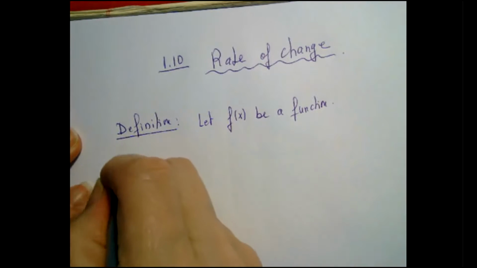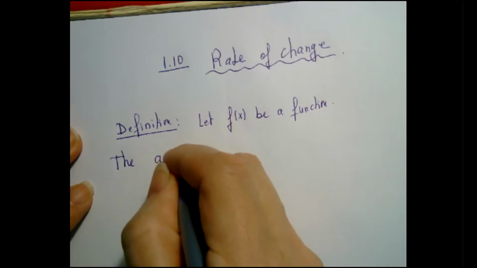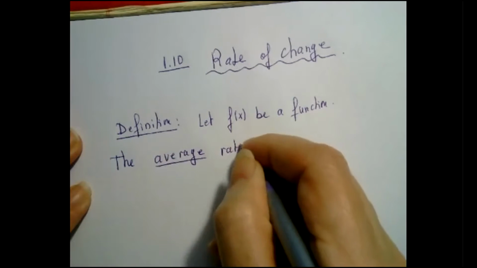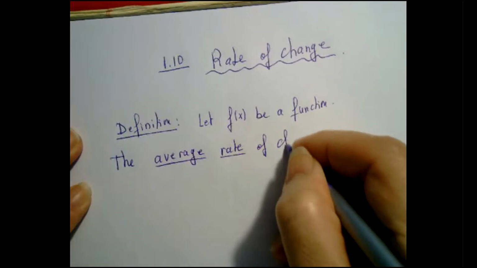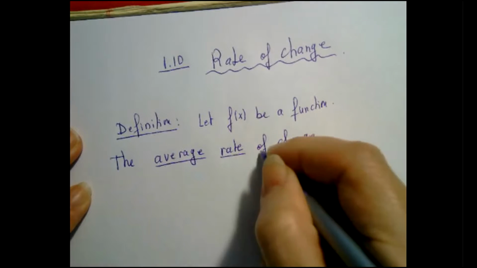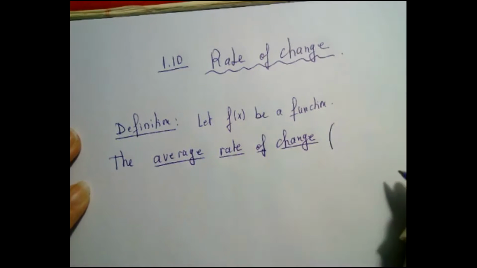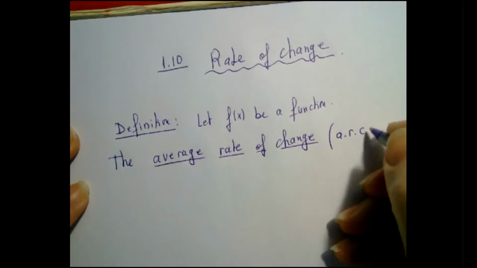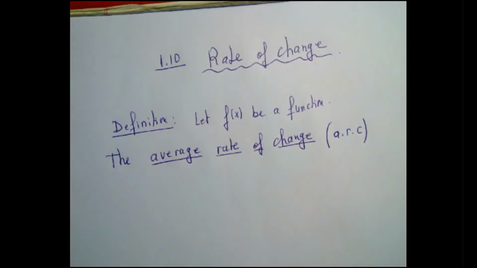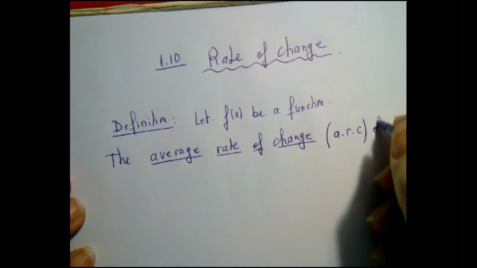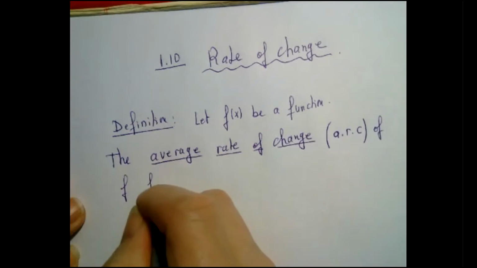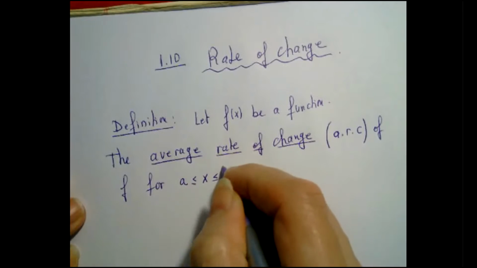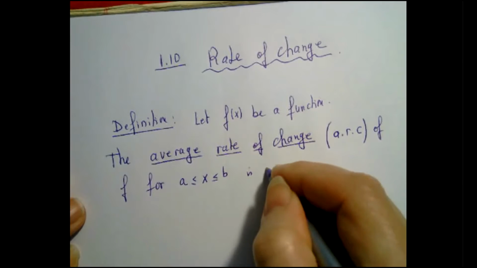Then the average rate of change, sometimes, because it's a long sentence, we use an acronym, of the function f for the values of x between a and b is defined by. That's what the definition is.